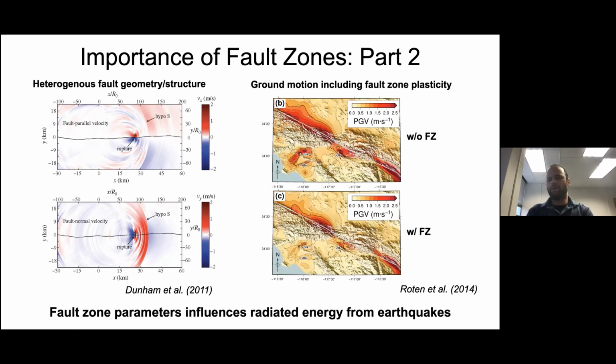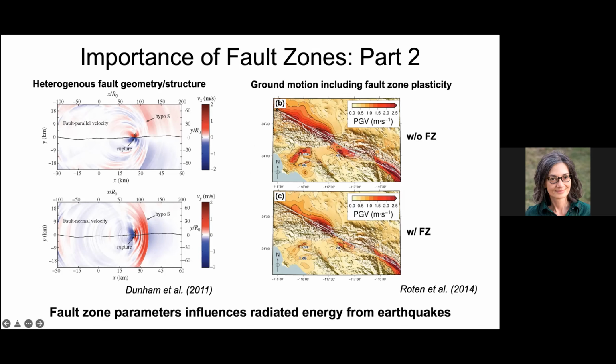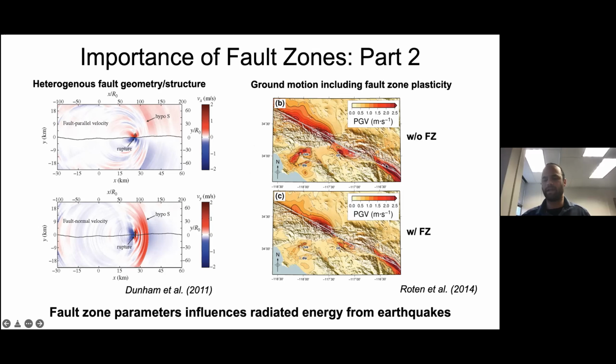And secondly, if you add a bit of plastic, deformed material right along where a fault occurs, in this case, the simulation was done for the San Andreas, the Mojave, and the San Bernardino Mountains. What happens here is that plastic material essentially sucks up a bit of that seismic energy that's being emitted away from the fault. And then in the far field, what you have is a reduction in the amount of ground motion that's experienced.